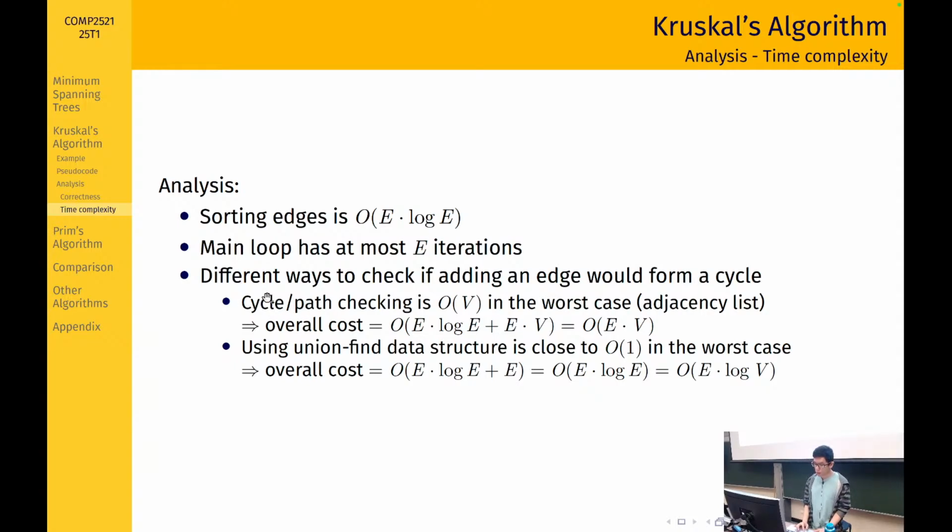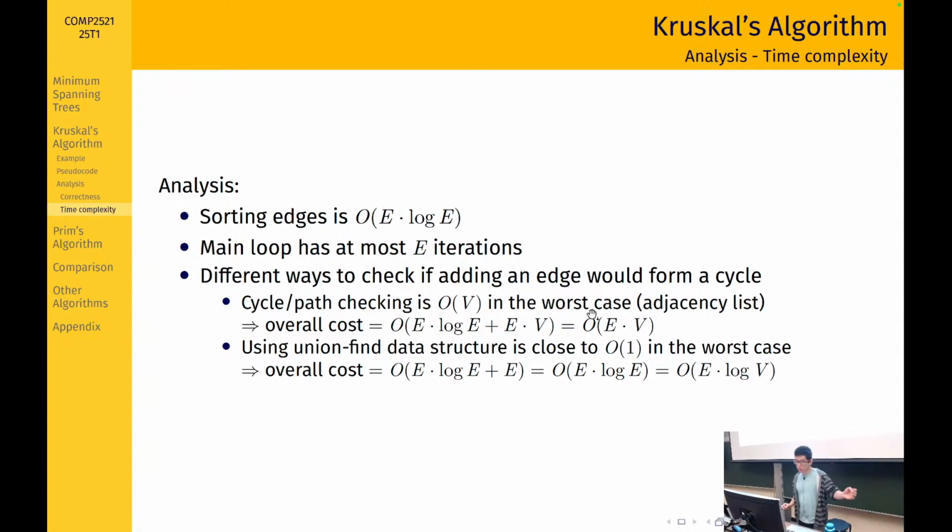Okay, and to check if adding an edge would create a cycle, we either added the edge and then checked if there's a cycle, or we checked if there is no path, right, between the endpoints of the edge. So if we do a BFS or a DFS to check that, then that would take O of V time, okay, in the worst case.